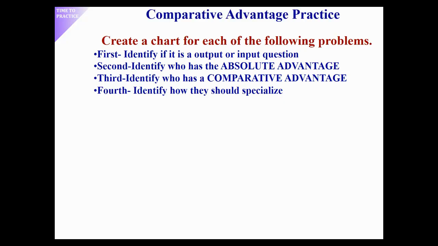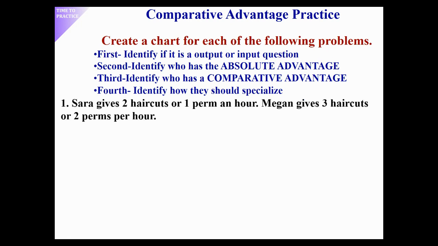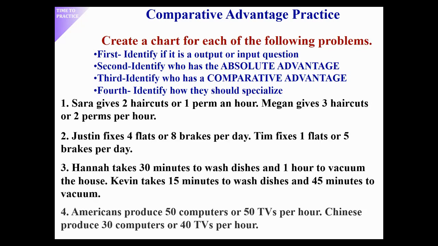Okay. So once again, for the next ones I'm going to ask you to take a look here. In class, we would ask you to create a graph to show who has comparative advantage and who has absolute advantage. This is something we would normally do in class on the whiteboard.